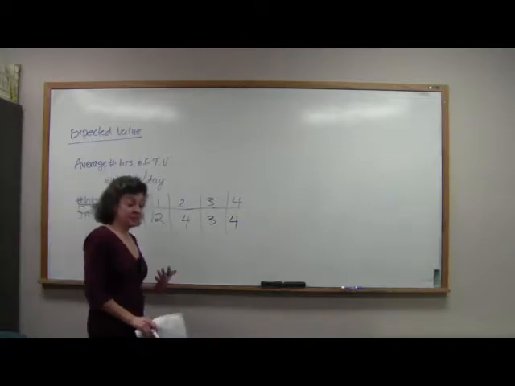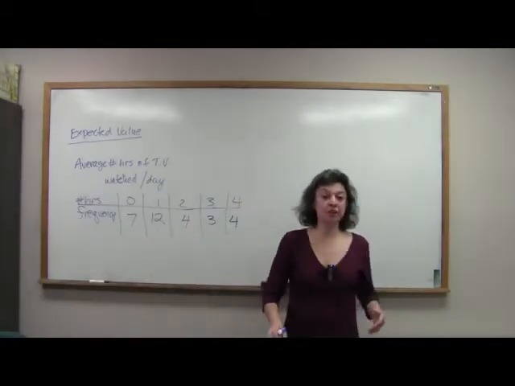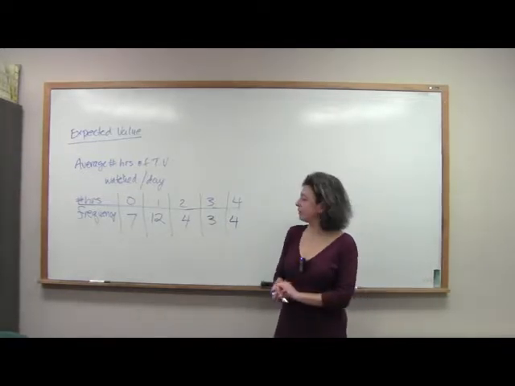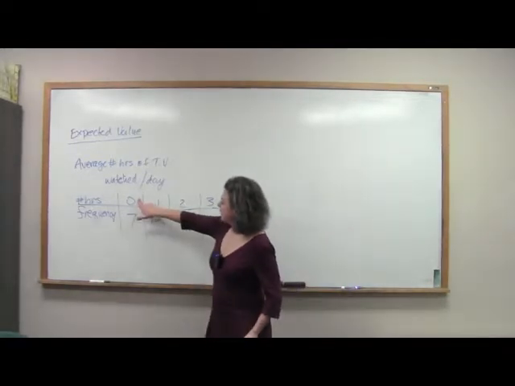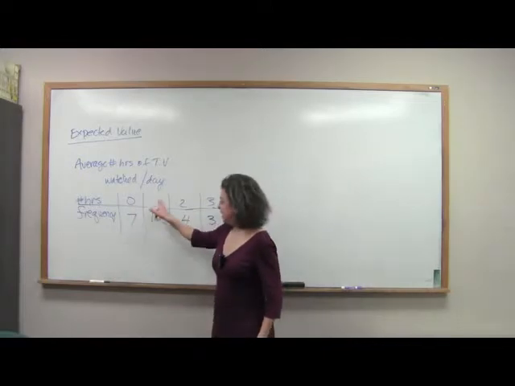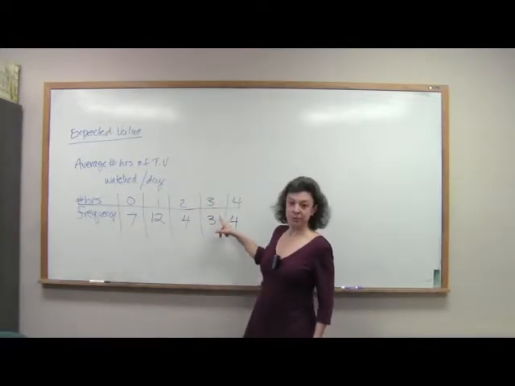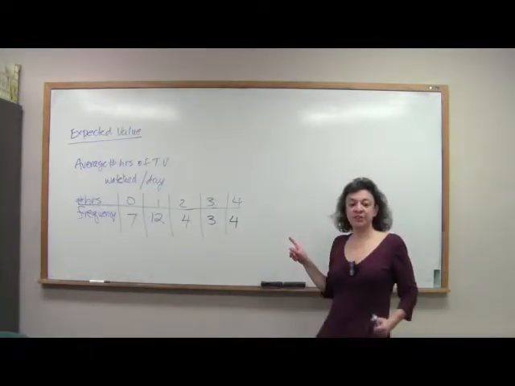Now, could we figure out what the average number for all of these families combined is? We absolutely could. We have 0, 7 times, 1, 12 times, 2, 4 times, 3, 3 times, and 4, 4 times.